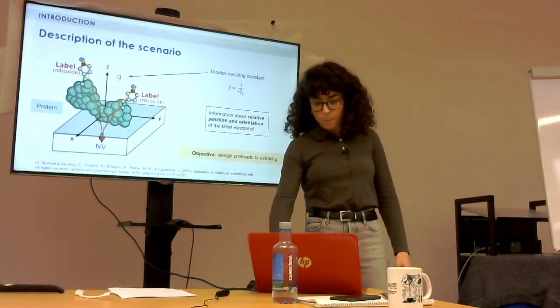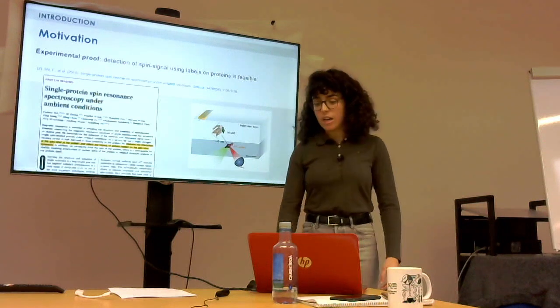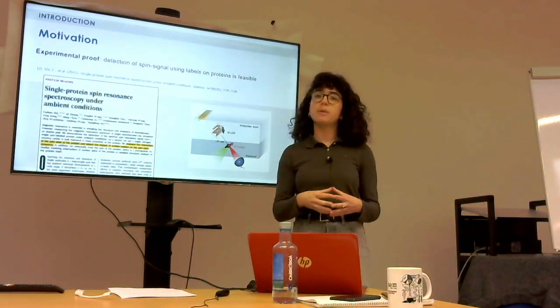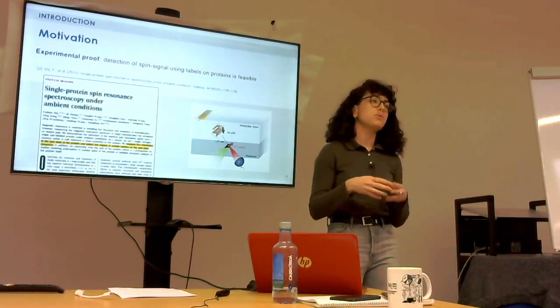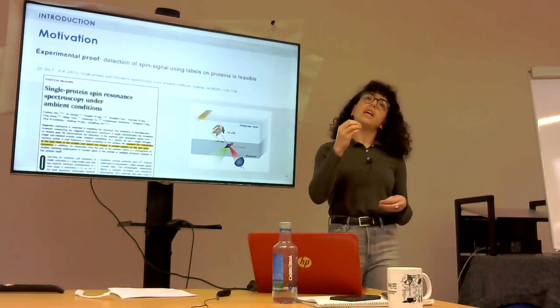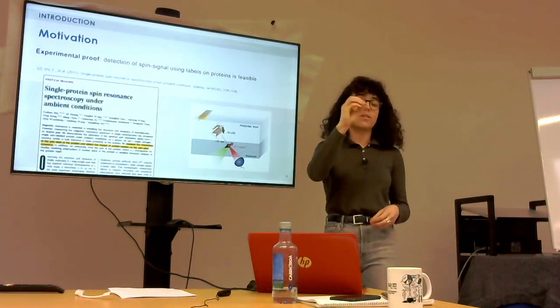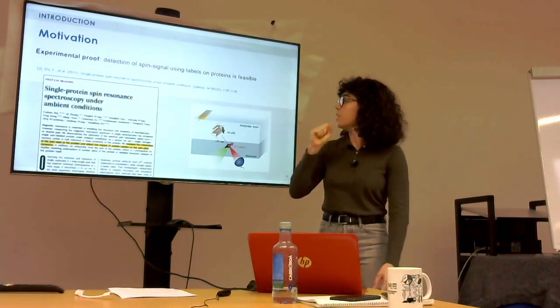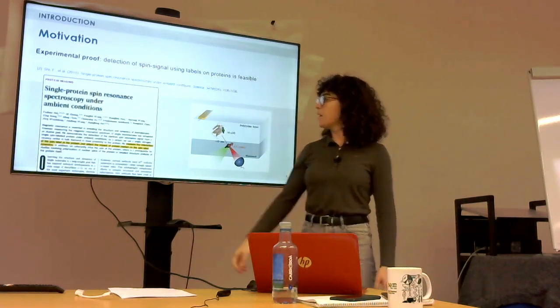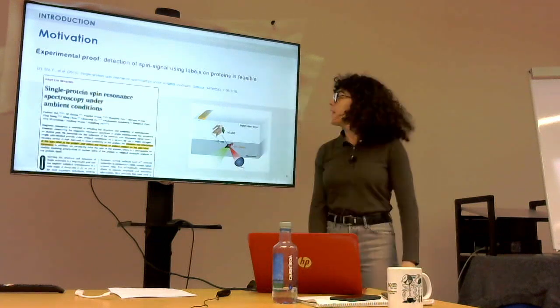All right, so I have to mention that there already exist experiments that prove that it is possible to receive the signal coming from an electron label located on a protein. This experiment was done in China by Fazhan Shi et al.